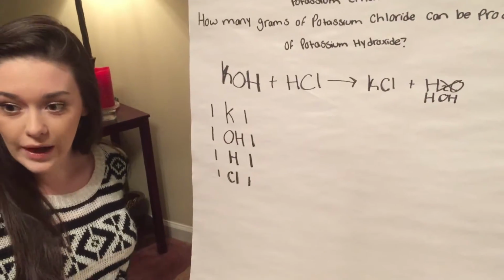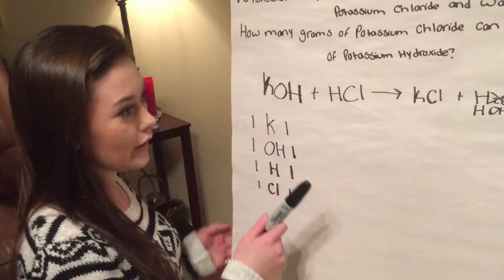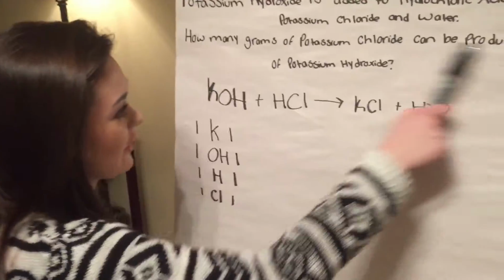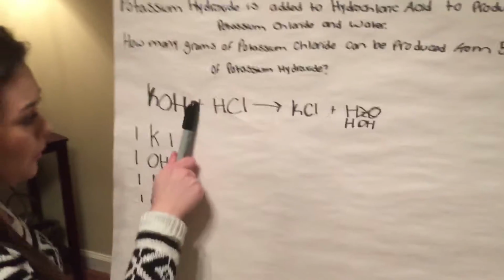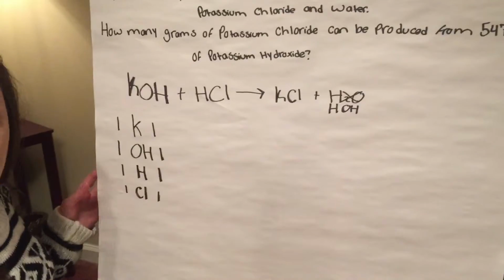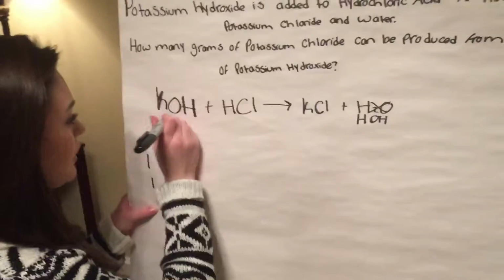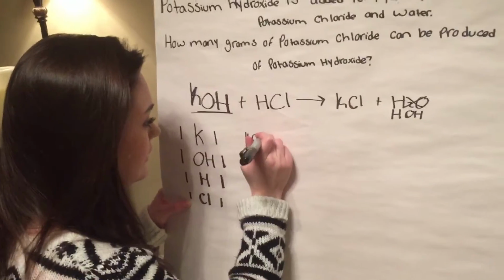So now what we have to do is figure out our molar masses, because before we can figure out our grams of potassium hydroxide, we need to know how much each thing weighs. So we'll start off with potassium hydroxide.